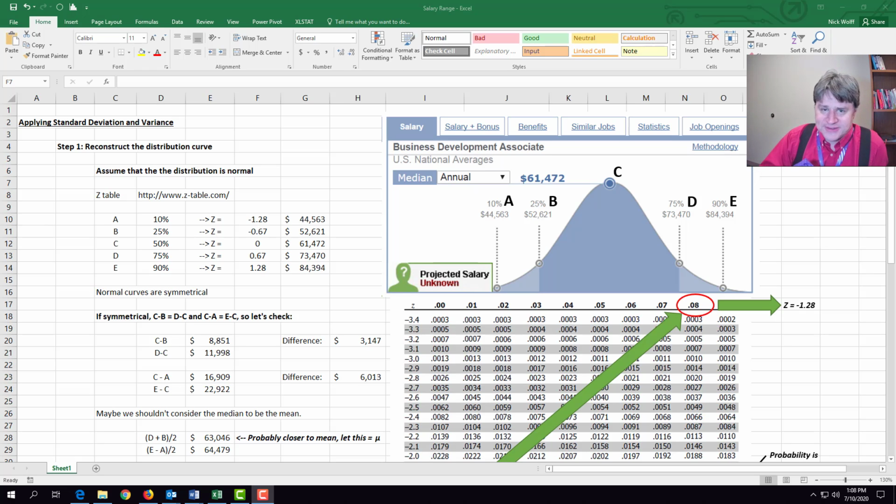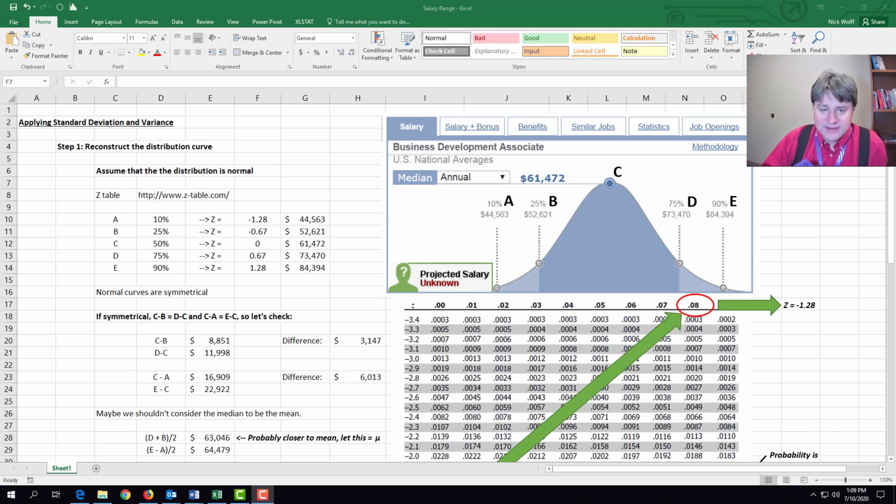I have gone on to salary.com and pulled in a table or a curve or a distribution for a basic business development associate. We have here the median value in the middle of this peak. We have the 10, 25, 75, and 90% salary levels for this particular position.